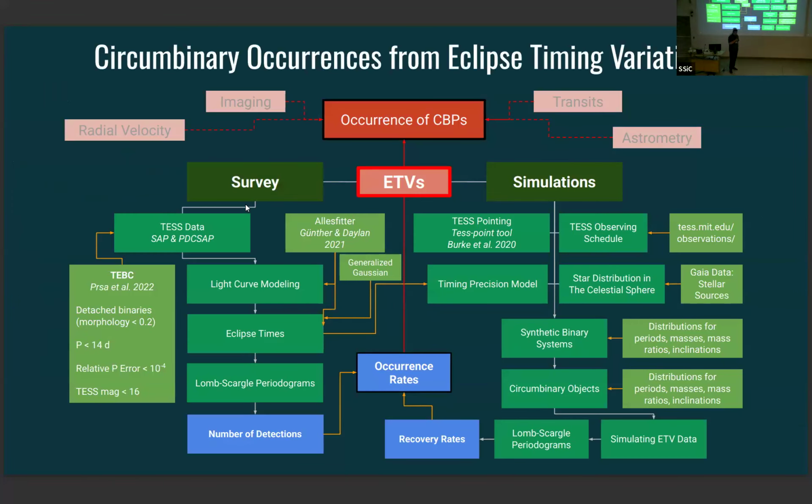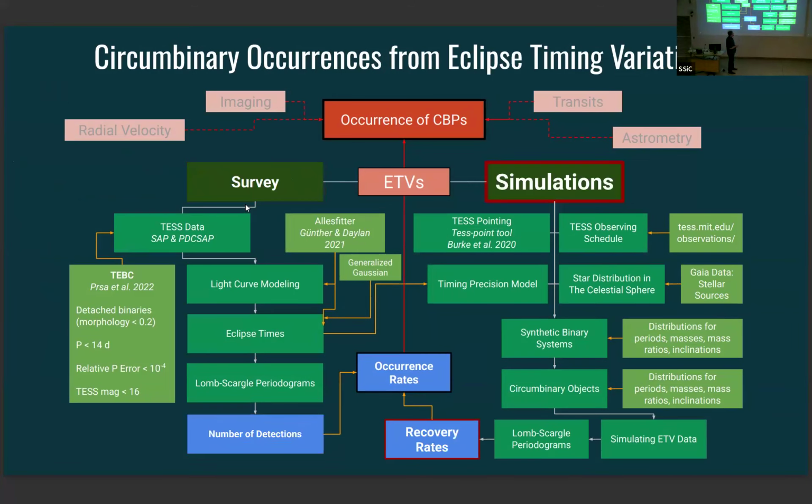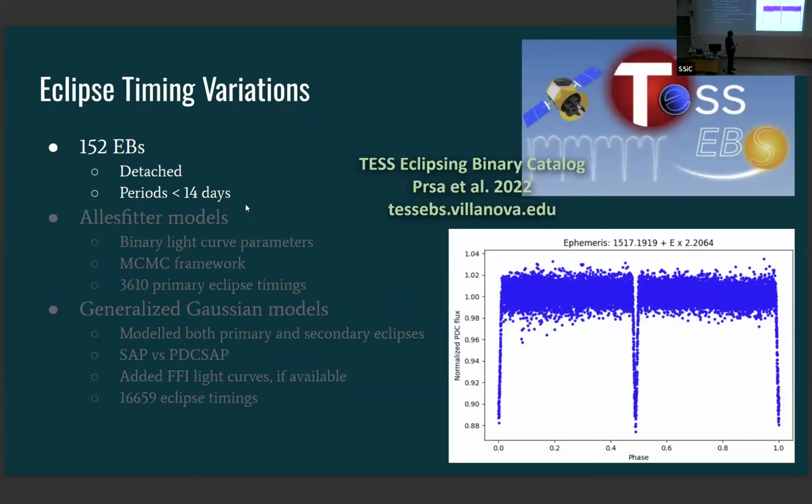So we structured this work into two major parts. One is the survey part, where we wanted to detect as many of such objects as possible, and the simulation part, where we wanted to understand the efficiency of the methodology that we applied. In the survey part, our target sample was 152 detached eclipsing binaries curated from the TESS eclipsing binary catalog, and we used their TESS data.